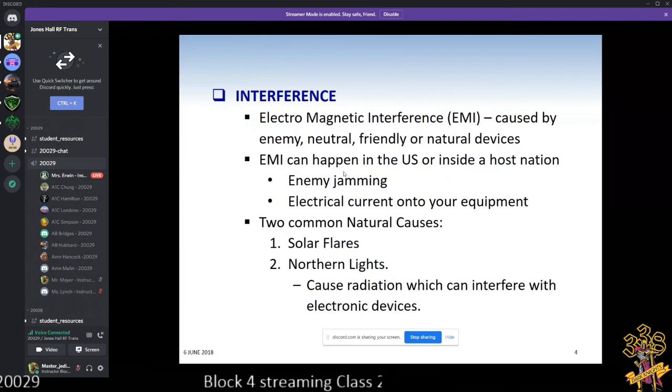It can be anything from complete jamming of your equipment to just an annoying hum on your equipment from a current. Two common natural causes are solar flares and northern lights, which can cause radiation that can interfere with electronic devices.